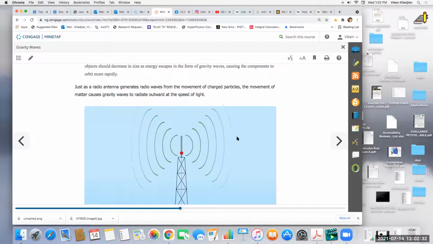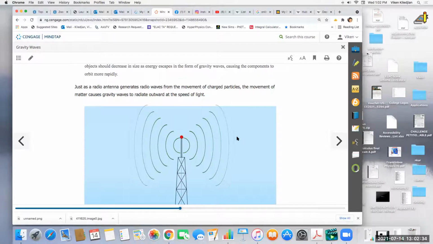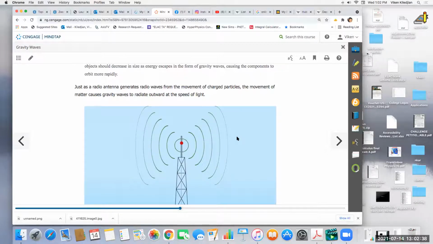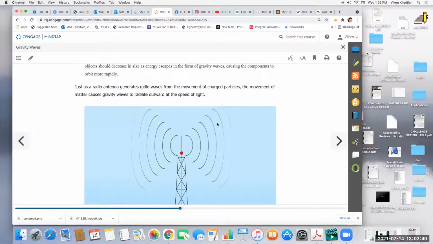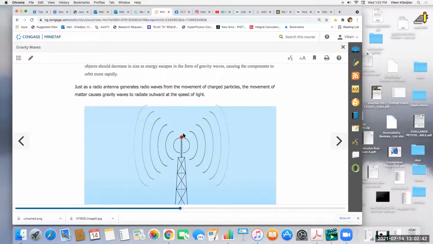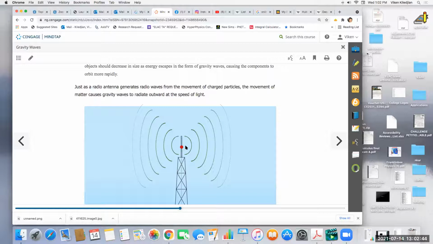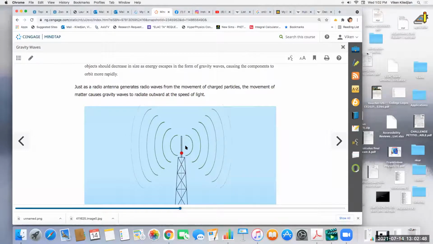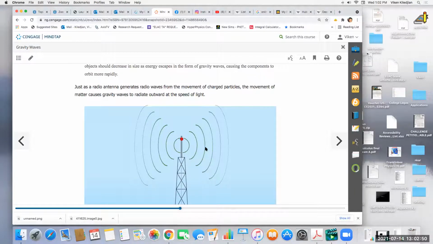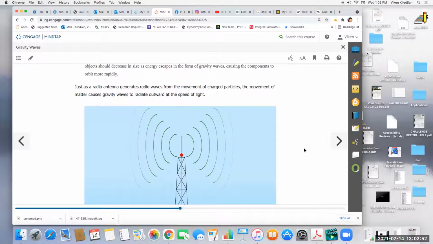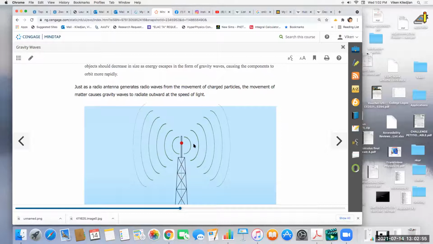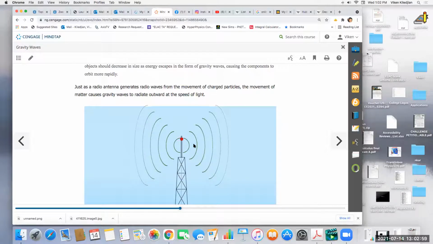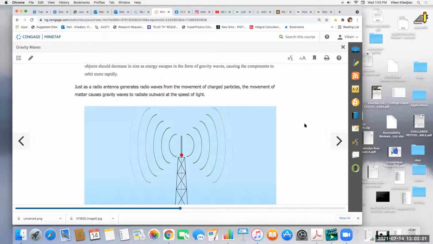So if it's KISS FM 102.7, that would be 102.7 megahertz, million. That means the charged particles have to oscillate back and forth at 102.7 million cycles per second in order to produce the FM station KISS FM, right? So in the same way, as matter is accelerated through space, it also creates gravitational ripples.